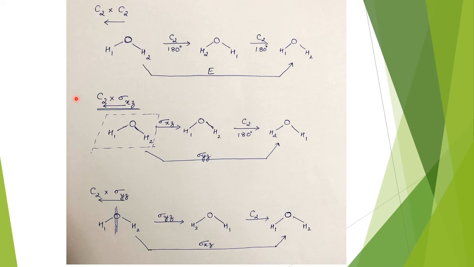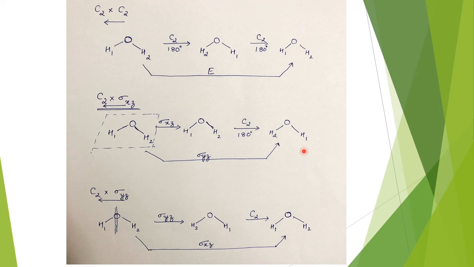Now we have to perform the C2 operation, that is rotation through 180 degrees, and you get the new orientation as H2 on the left hand side and H1 on the right hand side. Now we have to compare the first one and the last one. Here you have H1 on the left hand side, and here you have H1 on the right hand side.